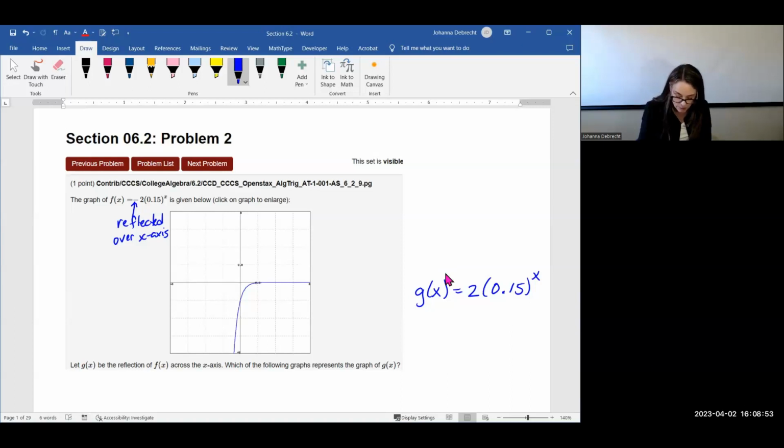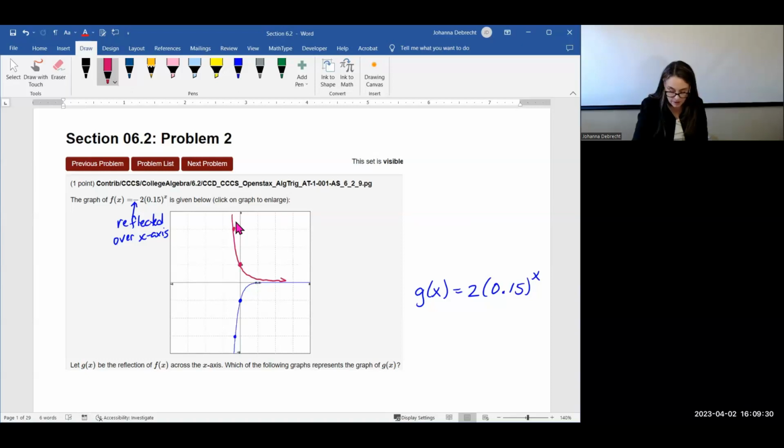So where it's crossing right here at 0, negative 2, on the reflection, it's going to cross here at 0, 2. And this point right here, which is negative 6, is going to be positive 6 on the reflected one. So this will be up here, and this one is going to come down like this.